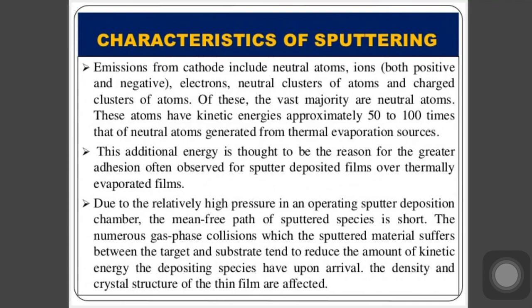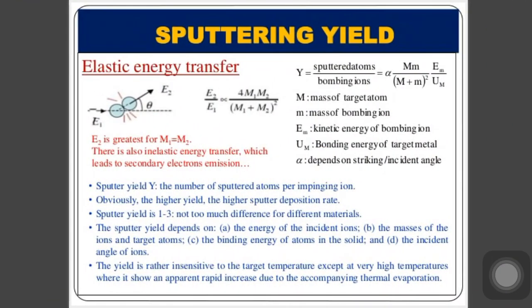The numerous gas phase collisions which the sputtered material suffers between the target and the substrate tend to reduce the amount of kinetic energy the deposited species have upon arrival. The density and crystal structure of the thin films are affected. This is the sputtering yield.